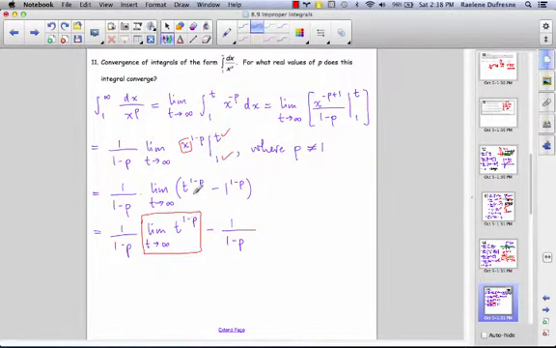And t to a negative number has a graph of, for example, if p is equal to 2, a number greater than 1, then we get t to the 1 minus 2, which is t to the negative 1, and we're going to get a graph that looks like this. So this is the graph of y equals t to the 1 minus p if p is greater than 1.